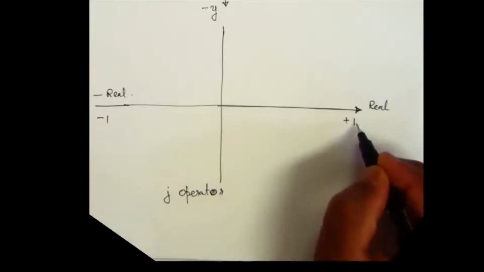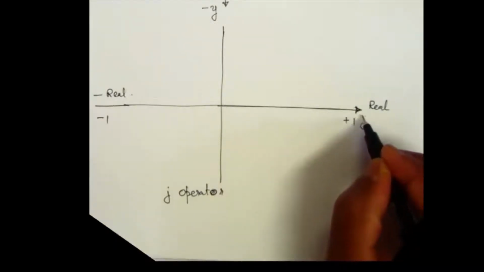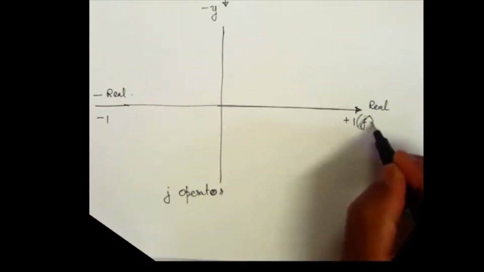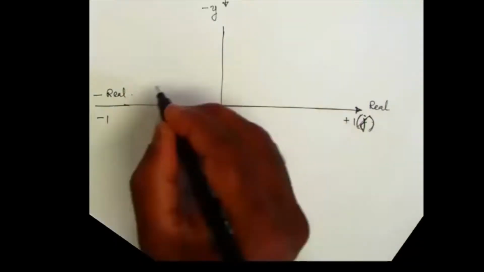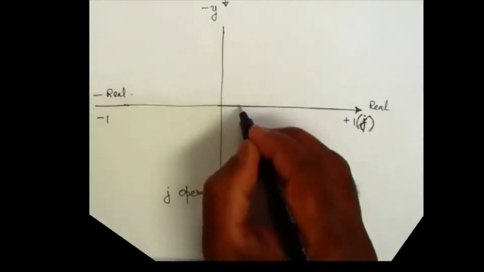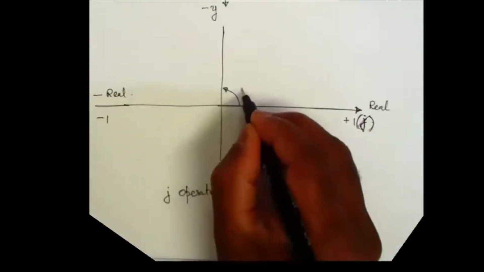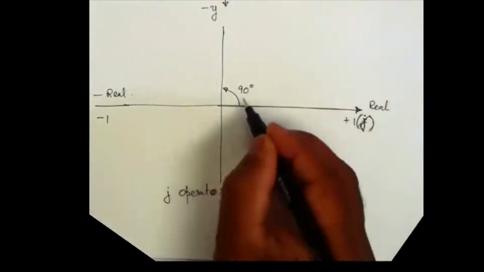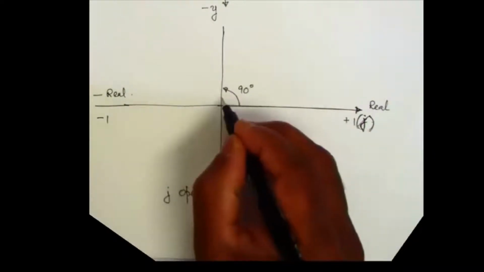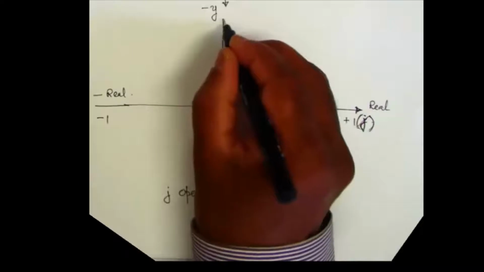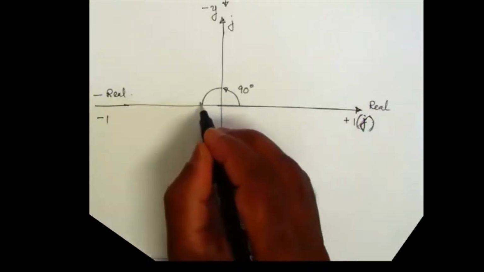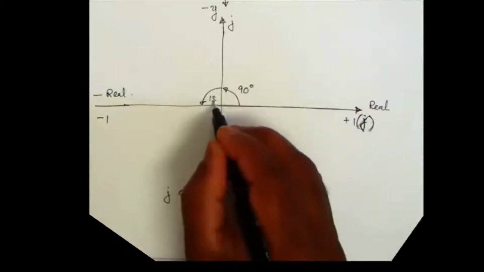Then you multiply it by a further j, and it turns it by 180 degrees altogether.